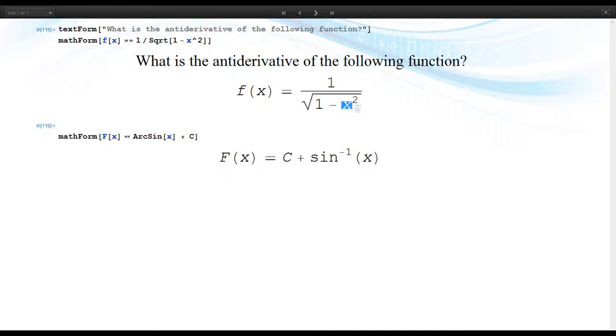Looking at this, I can see that for the square root of 1 minus x squared, we want to let x equal sine of y, because then we get 1 minus sine squared y, and we can use the Pythagorean identity to convert that into cosine squared and kill off this square root. So first, let x equal sine of y.